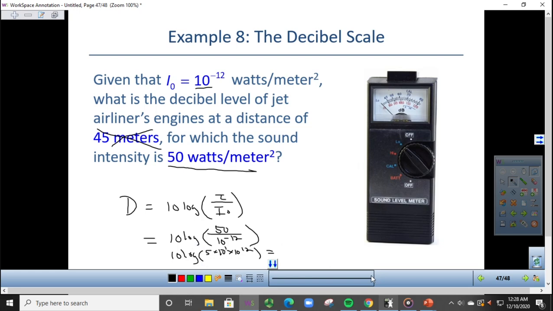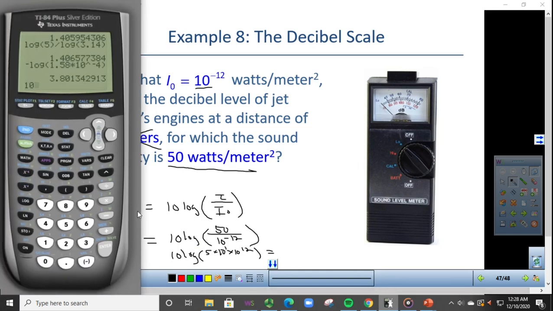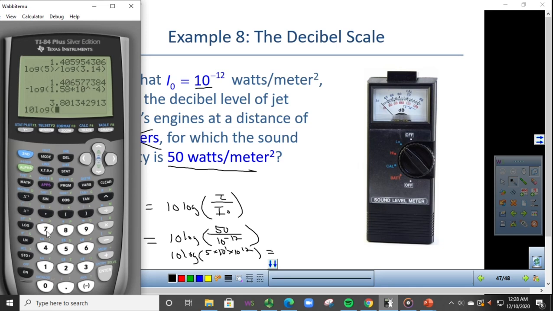So I'm going to just type this in, though. The coefficient 10, then log, then 50 divided by 10 raised to the negative 12. I'm pretty sure a jet is a little louder than that.